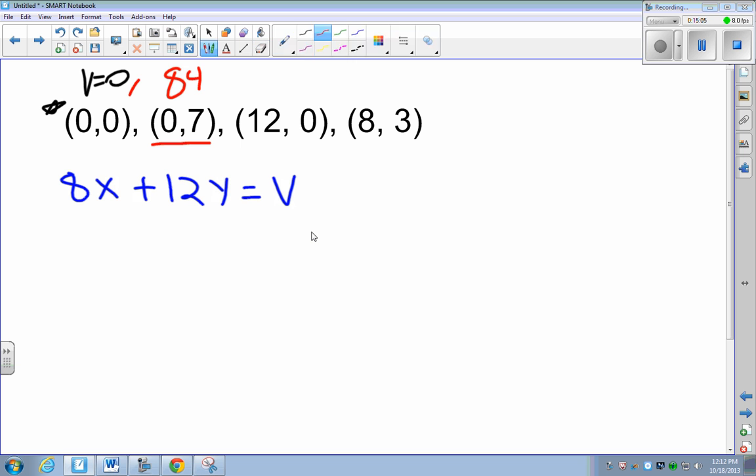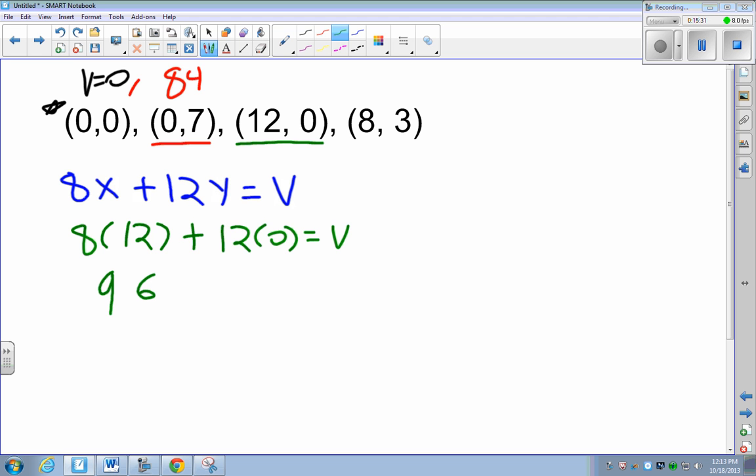Okay, but now let's try this point. So here we'll have 8 times 12 plus 0, which is equal to V. So 8 times 12, that's going to be 96 plus 0, and so we'll just get 96.